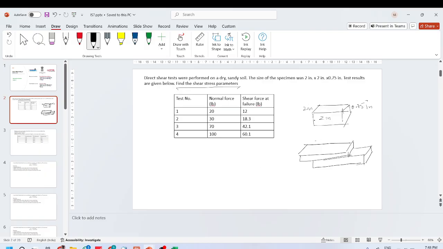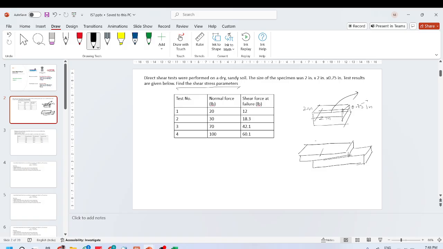So initially, when I had the boxes aligned like this, the whole area was taking part in generating the shear resistance.